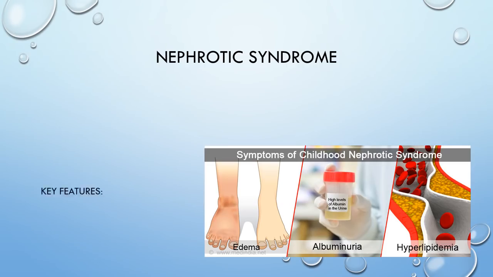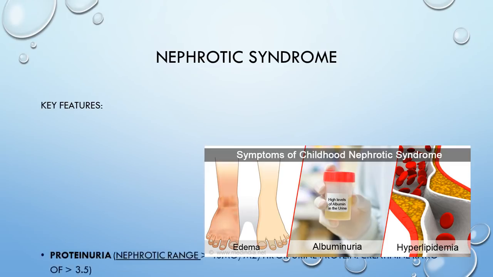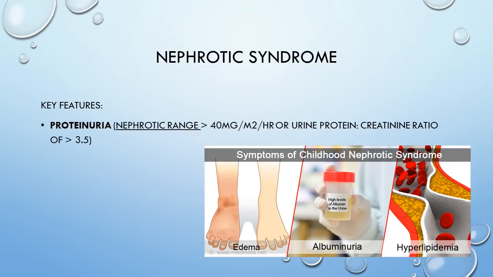Nephrotic syndrome. The key features of nephrotic syndrome include proteinuria, and they're at that nephrotic range, right? So that means greater than 40 milligrams per meter squared per hour, or a urine protein to creatinine ratio of greater than 3.5. Because they're spilling all of their protein in their urine, this means that their protein levels in their blood are low.